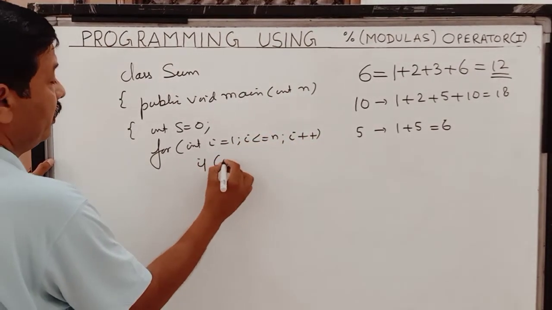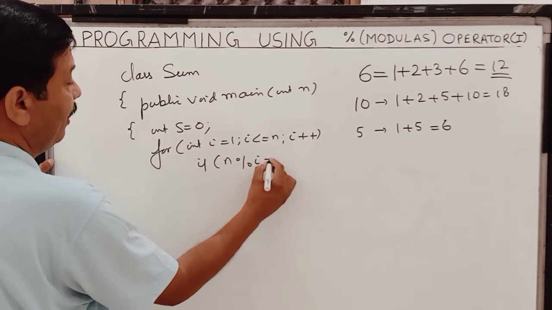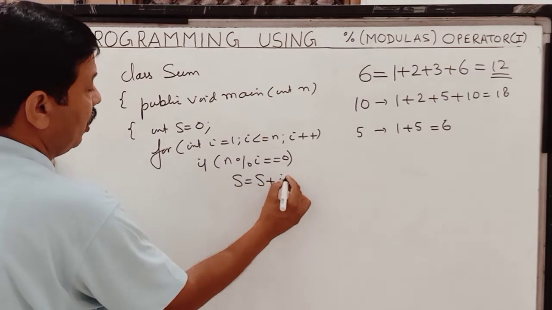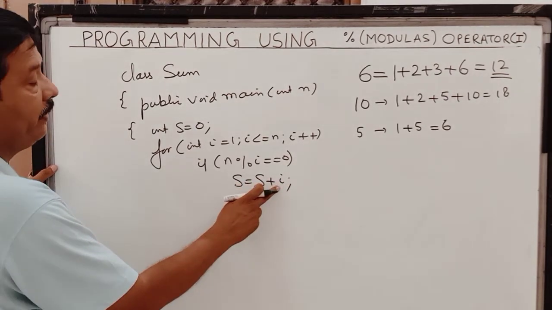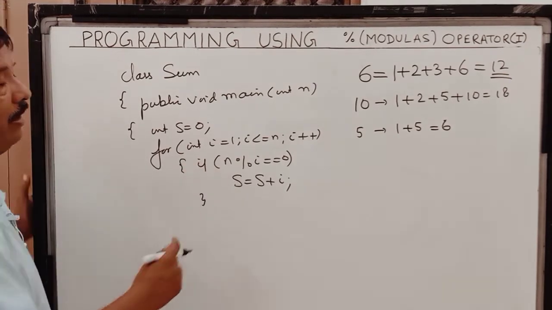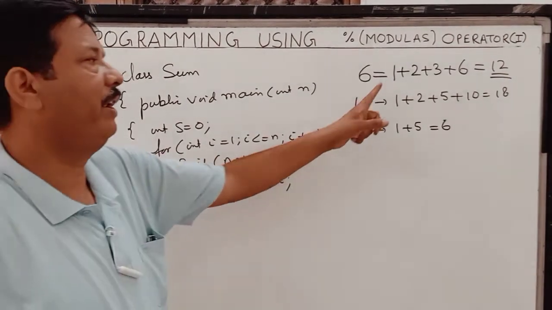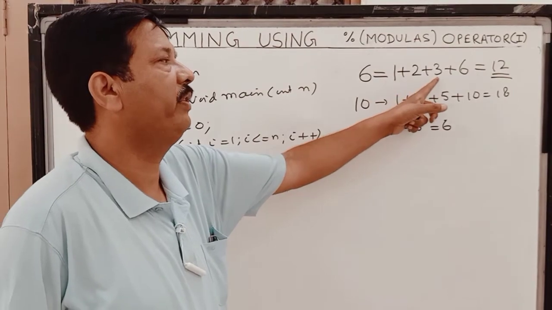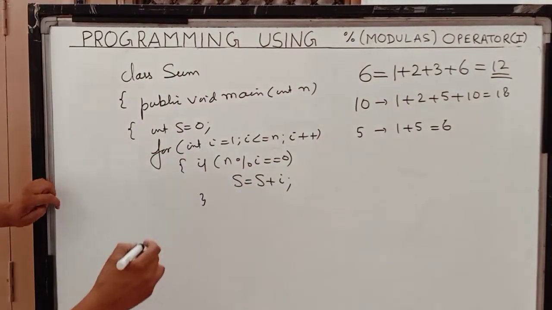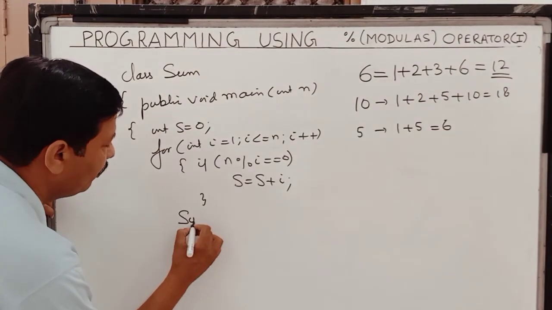And n modulus i, this I have done in all the programs, but in place of counting here I am saying s is equal to s plus i. So what I have done, children, here I have added all these. 1 I will add to s, 2 I will add to s, 3 I will add to s, and all these factors I have added, and my sum has come.